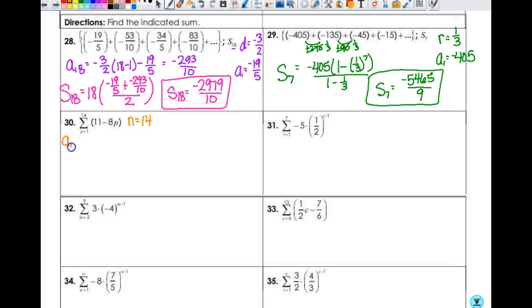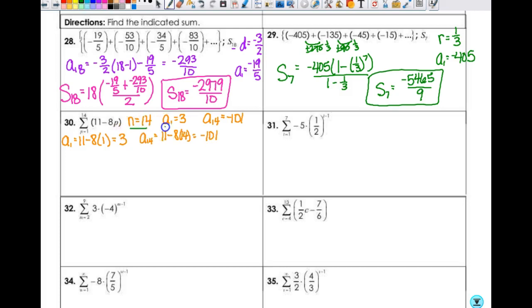So A1 is going to be equal to 11 minus 8 times 1. So that gives me 3. So A1 equals 3. And then A14 is going to be equal to 11 minus 8 times 14. A14 is equal to negative 101.